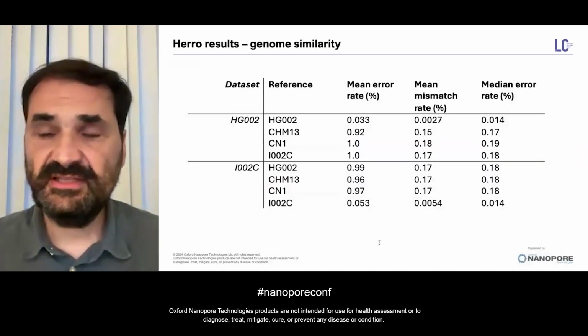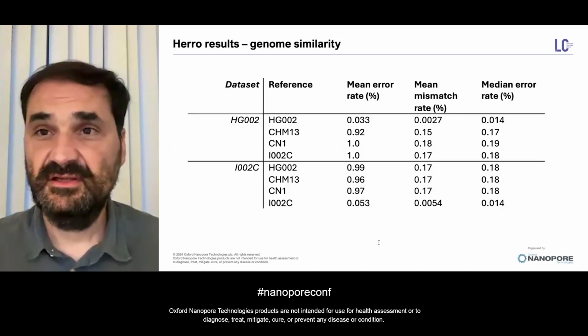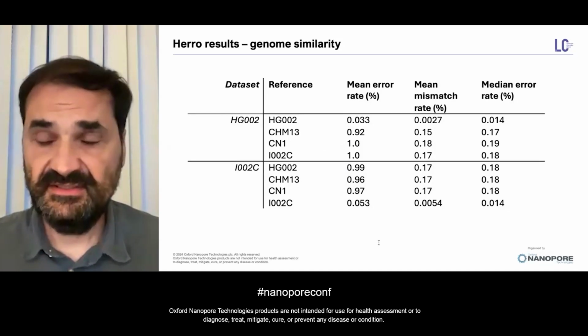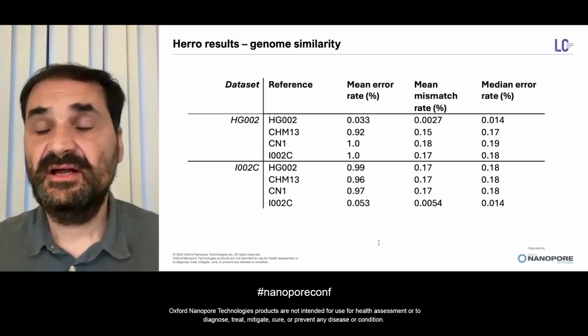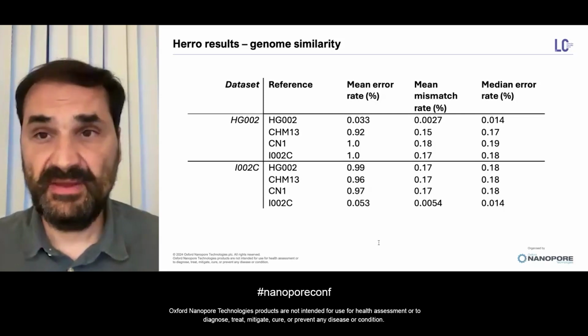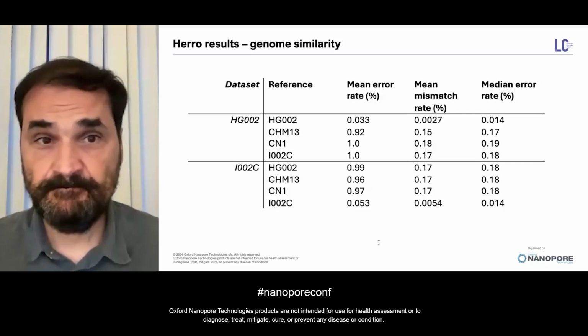And finally, I would just like to highlight some results that we've seen, and it is important to have a high quality reference. Here you can see assessments of read quality when we map them to their reference built from the cell line.